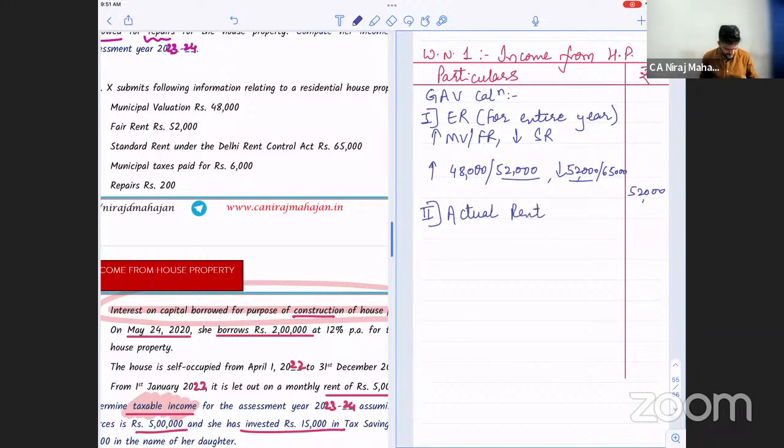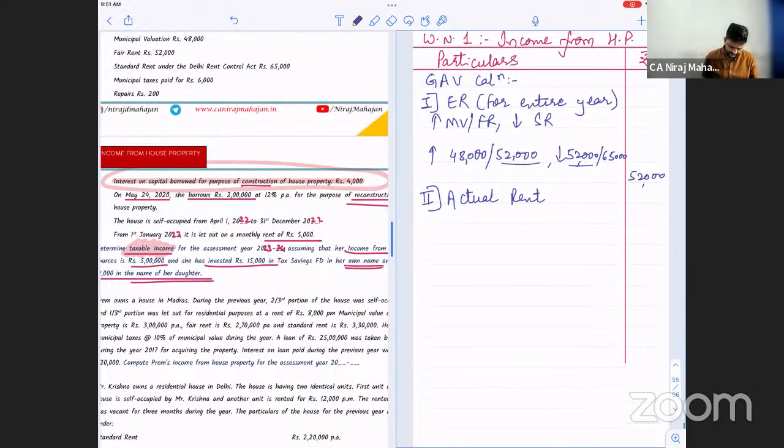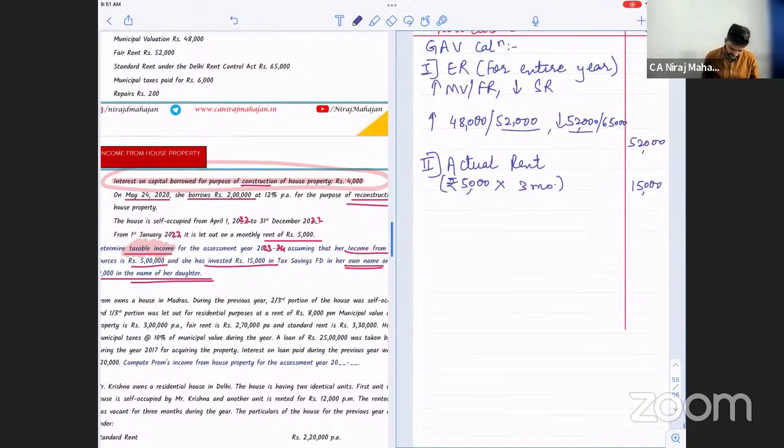Is there unrealized rent? No, but it is 15,000 now, so rupees 5,000 into 3 months. So therefore, GAV is 52,000. Okay, till here, all of you.